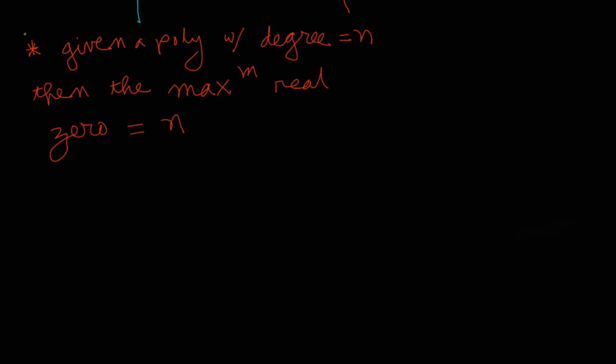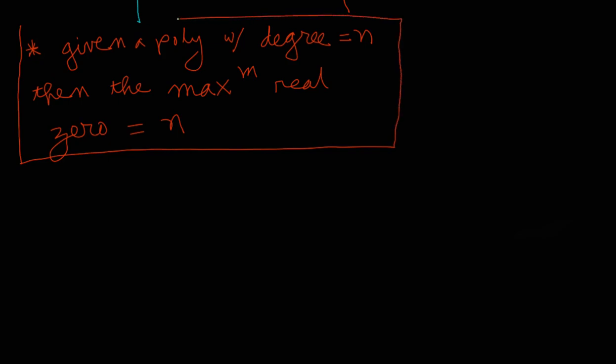Okay, so if I have an nth degree polynomial, then I can have at a maximum n real zeros. Okay, I can have less than n, but that's the maximum.